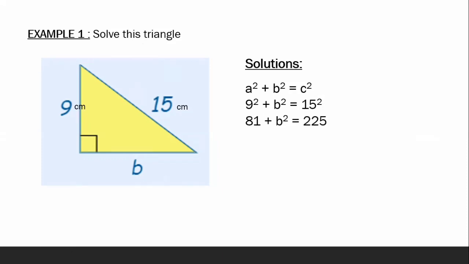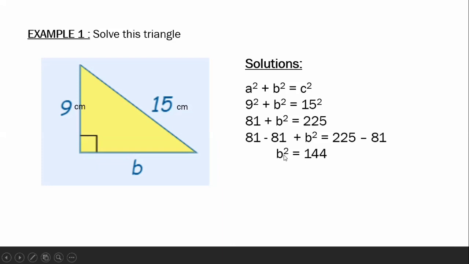By simply adding negative 81 to both sides, we can find the side B. So that cancels, since 81 minus 81 is 0. What remains on the left-hand side of the equation would be B squared is equal to 144, since 225 minus 81 is 144.